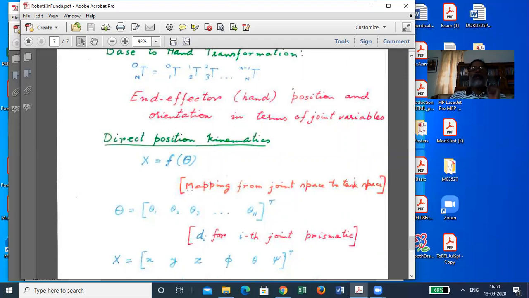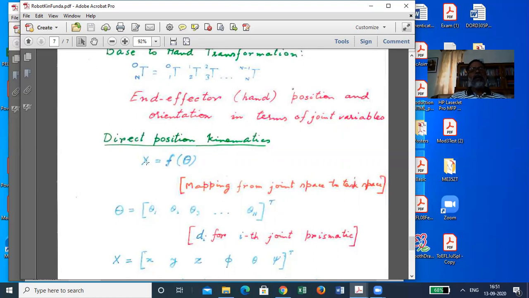Now, the point to note is that this is a straightforward mapping, in the sense that the way you define mapping or function in mathematics, that holds completely. That is, for every set of values of theta 1, theta 2, theta 3, theta 4, etc., you can uniquely find this.